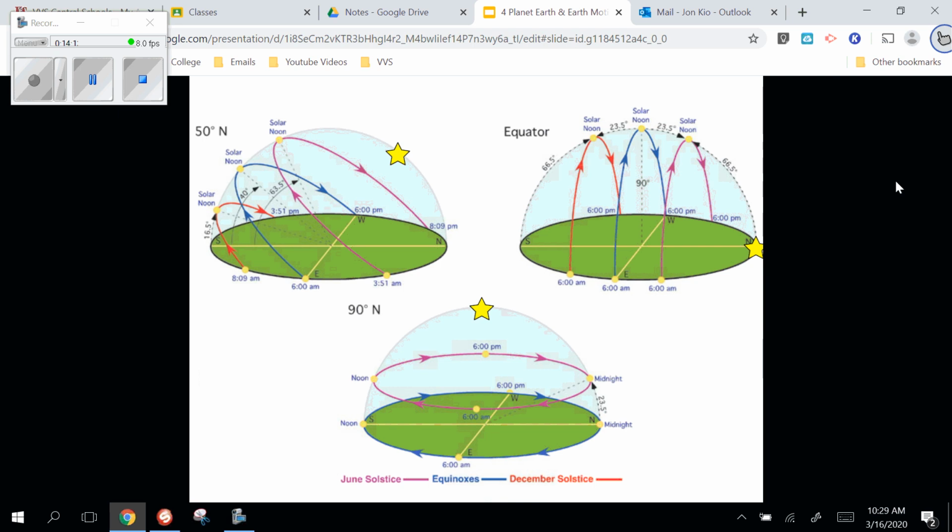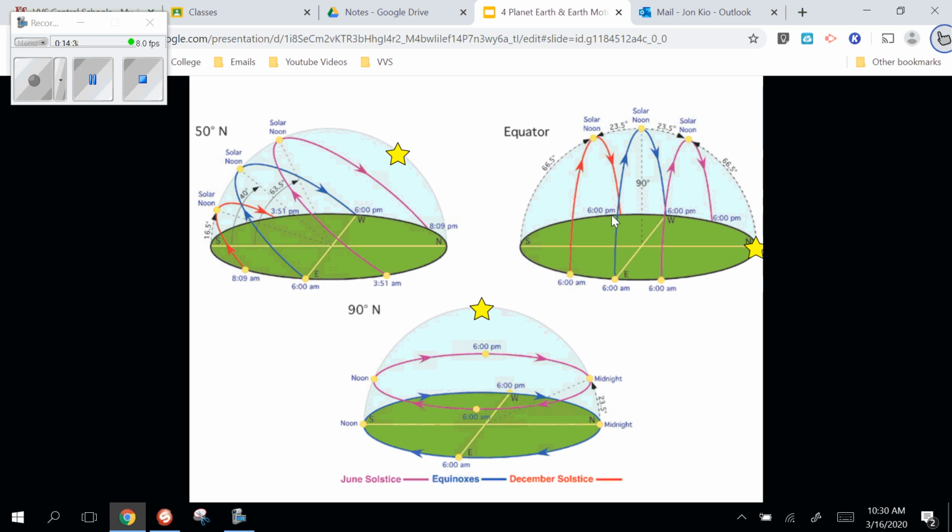Here's a couple of pictures showing different places. Notice 50 degrees north is very similar to where we are. It's a little lower in the sky. The higher in latitude you get, the lower the noon sun becomes. At the equator, notice it's directly overhead almost all year. This is why the equator is hot all the time.